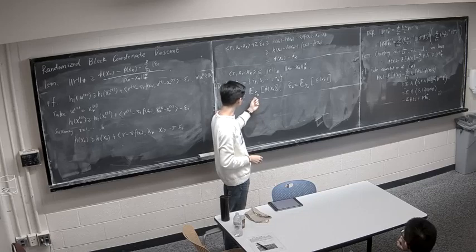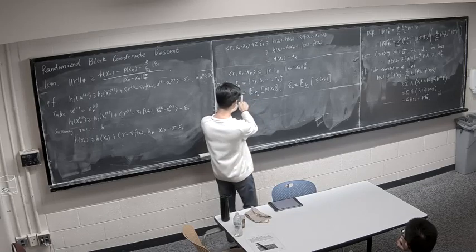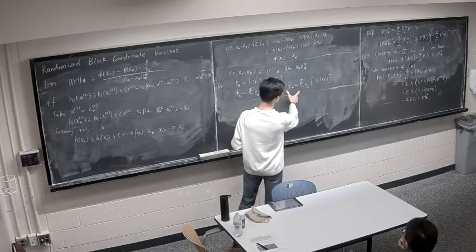This is a total expectation, and this is deterministic, and this epsilon bar k is also deterministic.